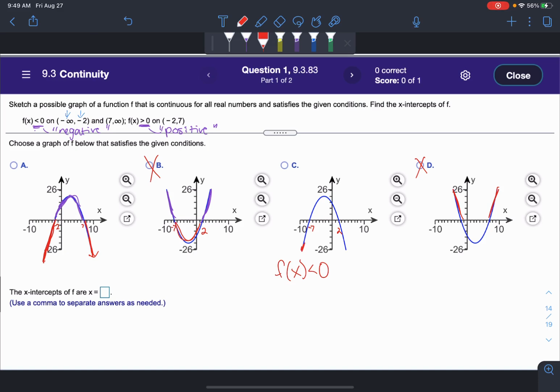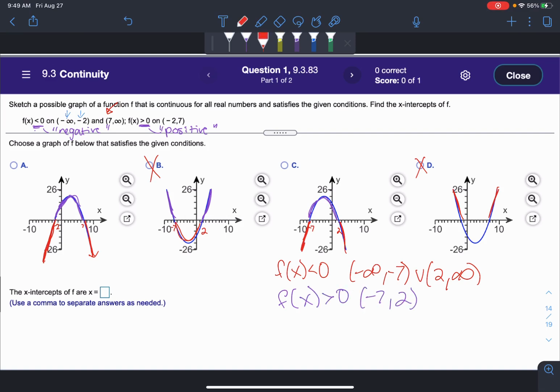From negative infinity, remember, we're talking about x, so negative infinity to negative 7, and then also 2 to positive infinity. And that's kind of the opposite of what we were given. And f of x is positive from negative 7 to 2. So they kind of just flip the endpoints. So that's why A is our answer.